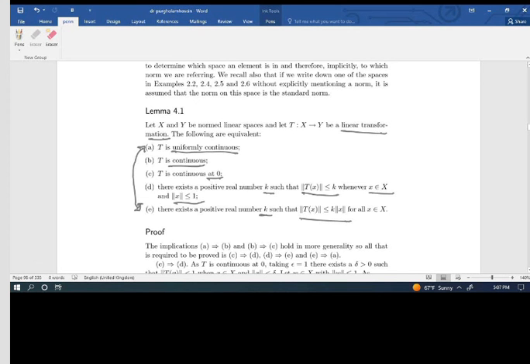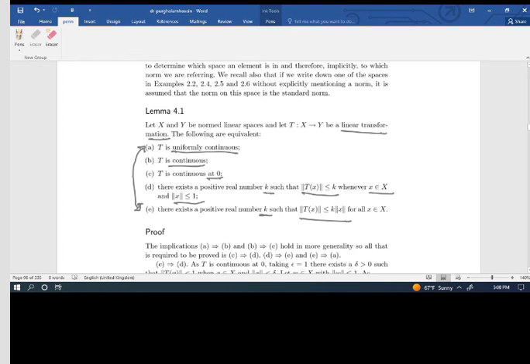And T is continuous if and only if there is a positive real number k such that the norm of Tx is less than or equal to k whenever x is a member of X with norm less than or equal to 1, or there exists a positive real number k such that we have this inequality for all x in X.